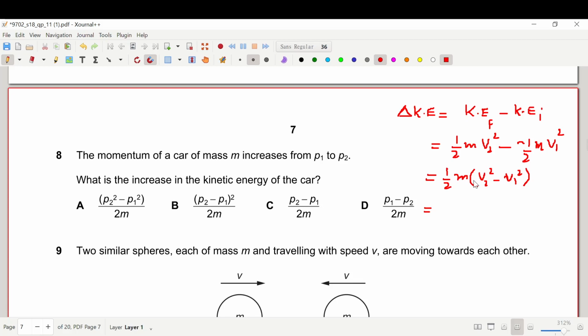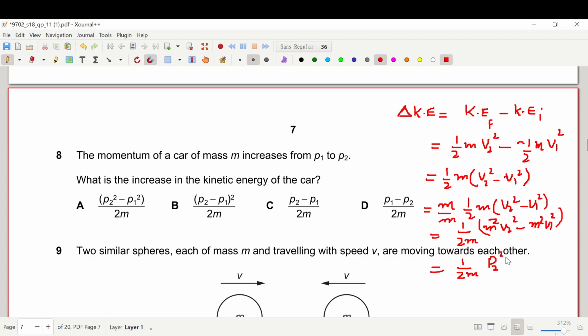So we should multiply it with the m, one more m, and divide it. So हम ऐसा कर लेते हैं. तो ये इसके साथ अंदर मल्टी हाफ m कंप्लीट हो जाएगा. m स्क्वायर m2 स्क्वायर माइनस m स्क्वायर mv1 स्क्वायर. तो ये आपके पास हाफ 2m p2 स्क्वायर माइनस p1 स्क्वायर. ठीक है.